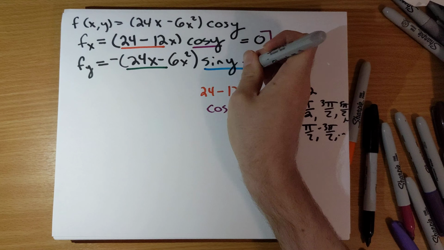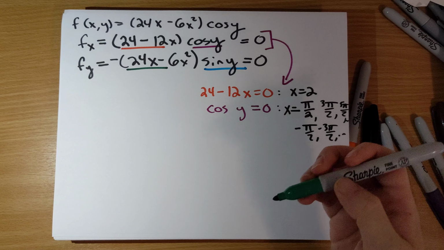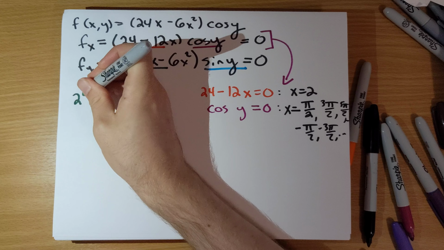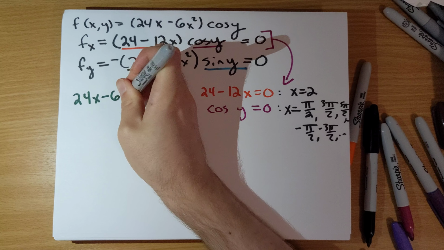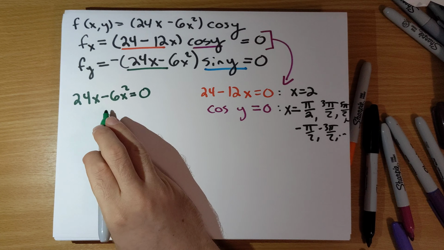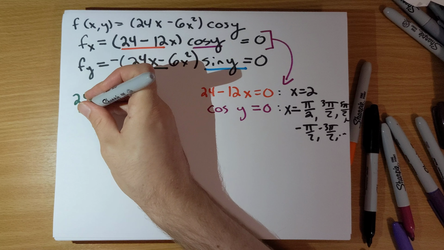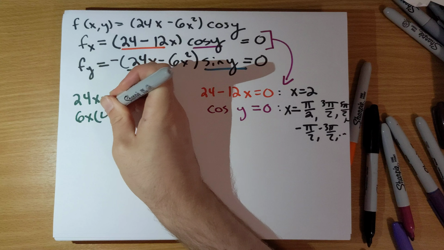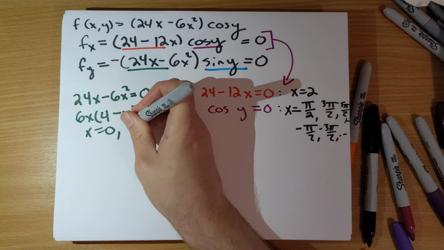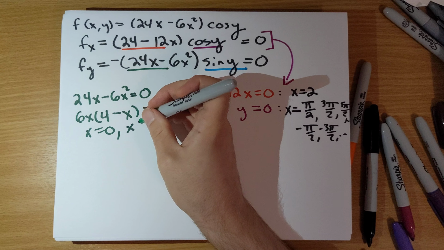Again, there are two possibilities here. One is 24x minus 6x squared is equal to 0. This factors as 6x times 4 minus x is equal to 0. So this has two solutions: x is equal to 4, x is equal to 0.